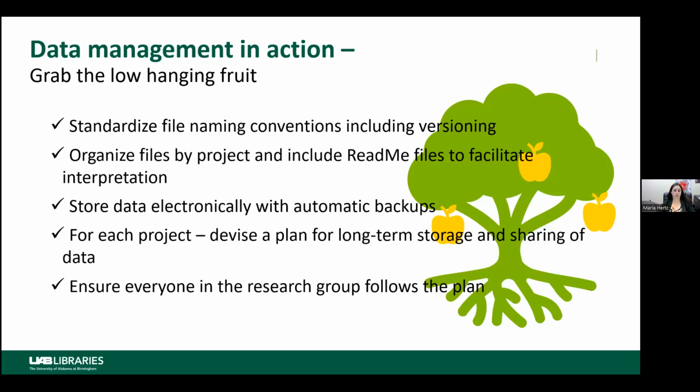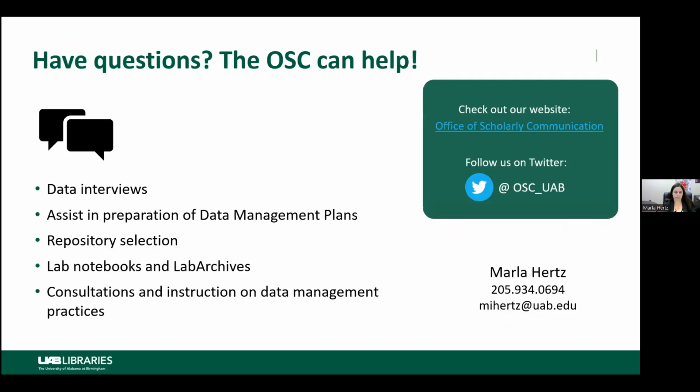Start including README files. Make sure that you're storing data electronically with automatic backups. You really already should be doing that. Again, CYB policy. And then for each project, devising a plan. Talk to everyone in the research group about how we're going to make sure that we're documenting things correctly, storing things correctly, and sharing that data. And making sure everyone's bought into the plan.